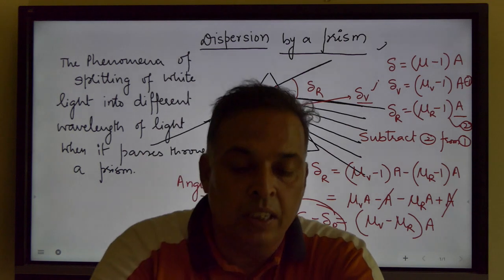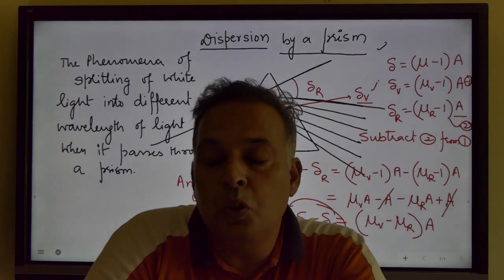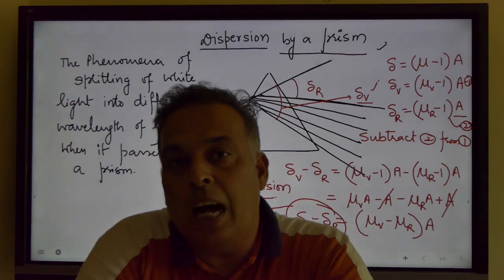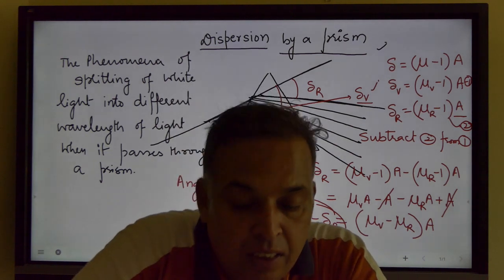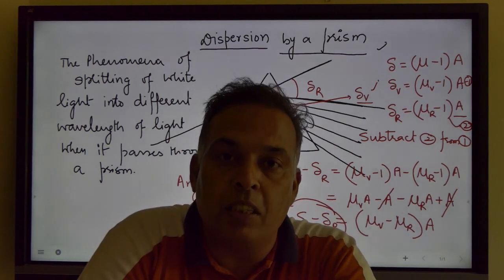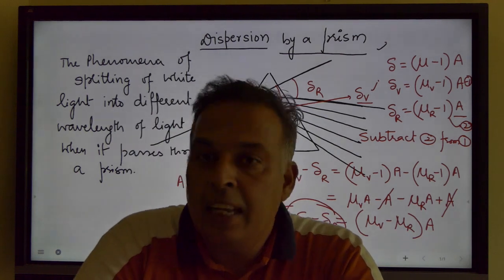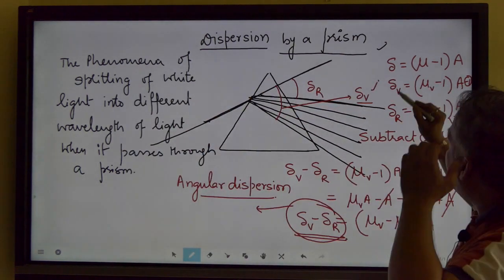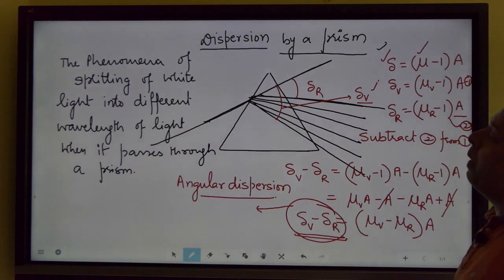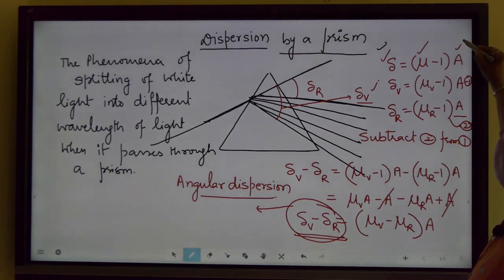Angular dispersion produced by the prism depends upon the refractive index, the nature of the material of the prism, and also upon the angle of the prism.